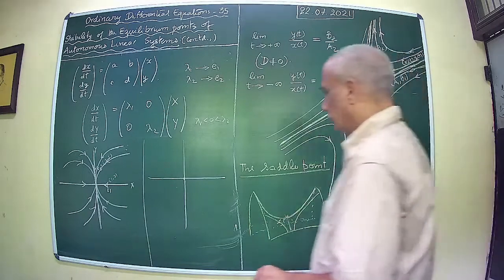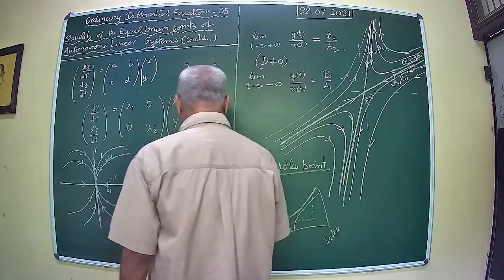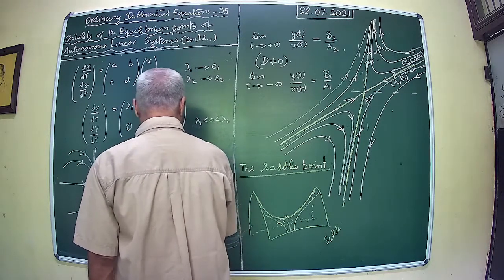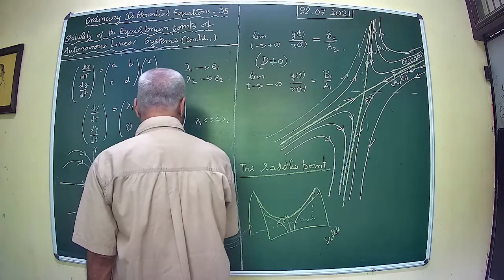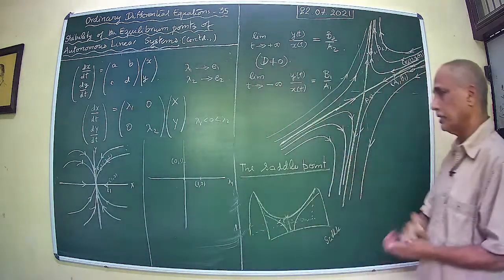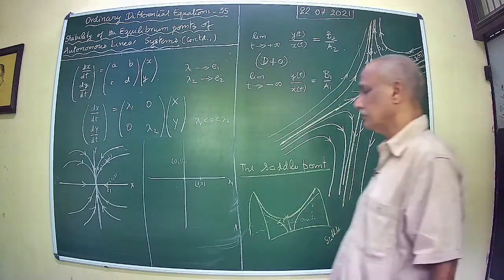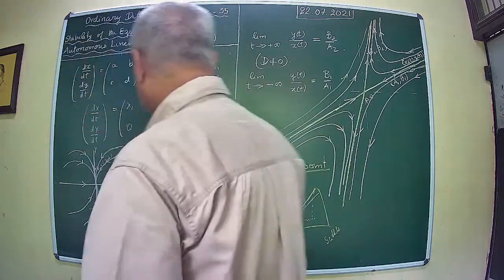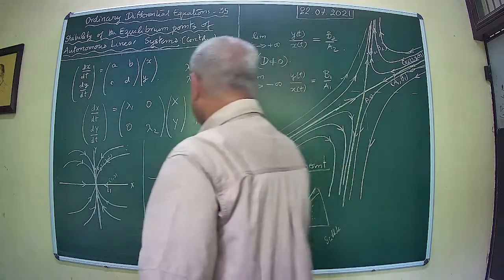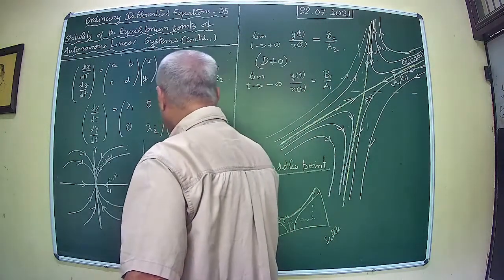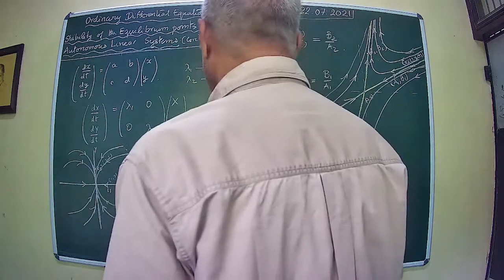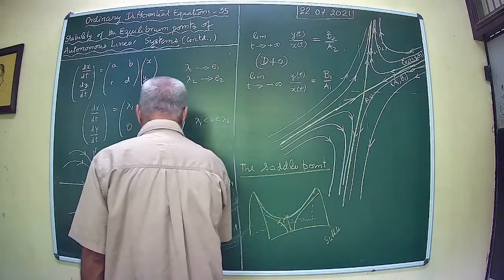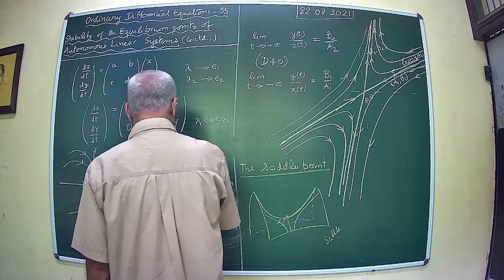So in this case, corresponding to lambda 1, this is 1, 0, corresponding to lambda 2, 0, 1 is the eigenvectors in the transformed equation. Okay. Then this is corresponding to lambda 2. Corresponding to lambda 1, you have this direction, this characteristics, and these characteristics have this direction.